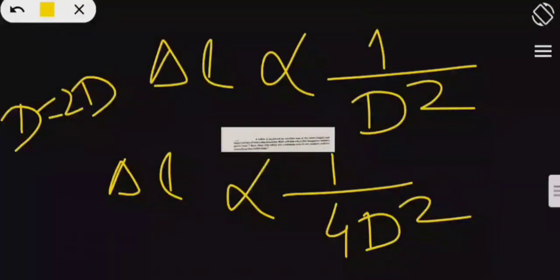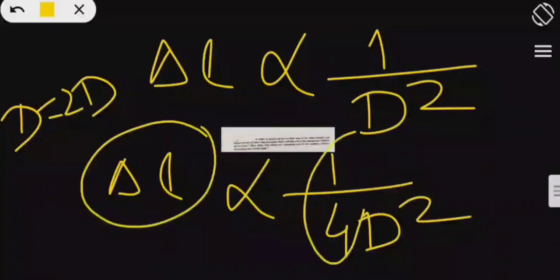If the diameter is doubled, the elongation will become 1/4. See here, the elongation is now 1/4. Now let me write down another formula and find out. Let me find the relation again. Shall I rub?